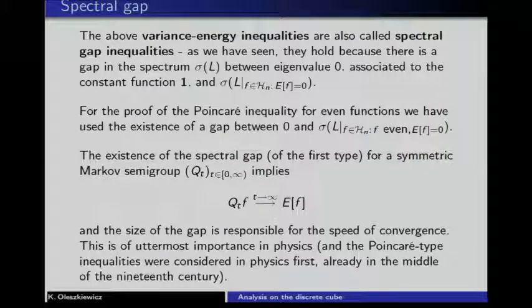And actually, this is quite important also in physics, this sort of inequalities, variance energy inequalities or spectral gap inequalities, because they are responsible for the speed of convergence to equilibrium.